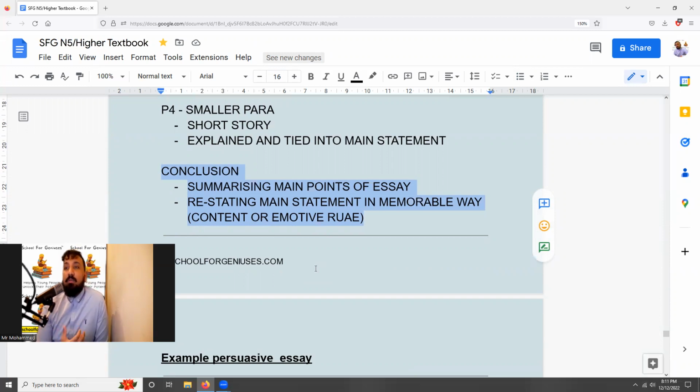And then you finish by again giving the main statement, the persuasive statement, in a very powerful or memorable or emotional way, something that leaves an impact. So you're saying whatever the main statement is, animal testing must be stopped, but you're using maximum emotional or impactful word choice, imagery, or sentence structure.